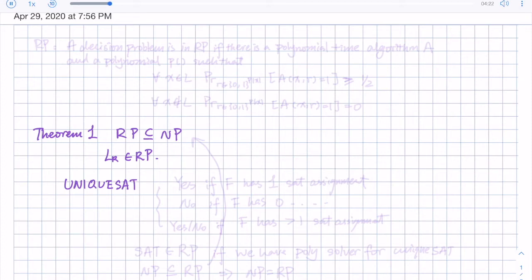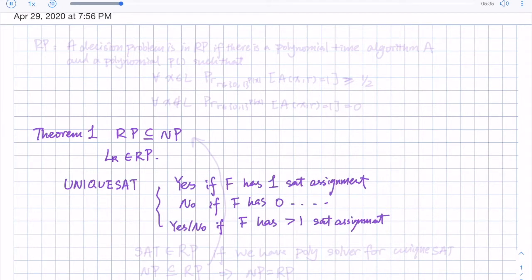And for either yes or no, we can't guarantee the result if F, the input that we give it, does not have a unique satisfying assignment, so it has more than one satisfying assignment. This kind of problem is called a promise problem because we promise the algorithm something about the input. In this case, we promise the formula has at most one solution, and we ask the algorithm to return the correct result given the promise is fulfilled.